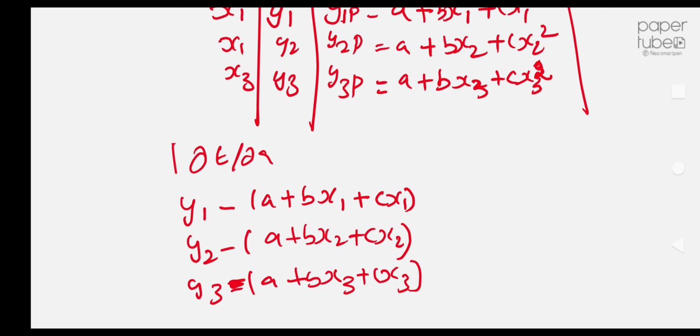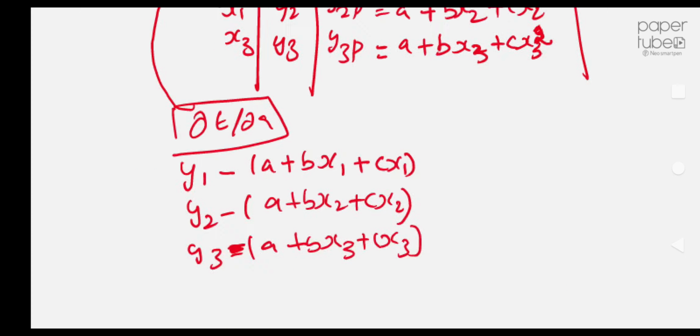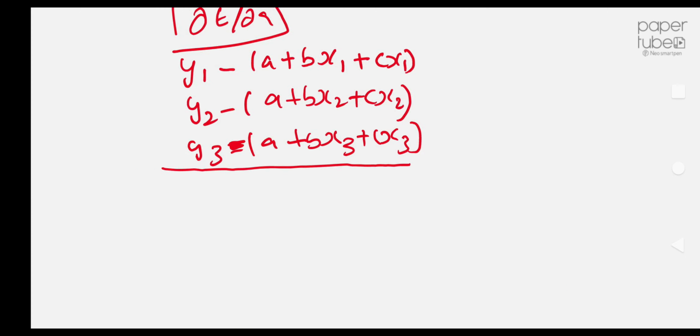This is the partial derivative of E with respect to A according to this expression. If we take a sum, we have x1, y1, and we know how to get y1 predicted, and likewise x2, y2 and y2 predicted, and x3, y3 and the corresponding y3 predicted. From there we can get the change in error with respect to A.